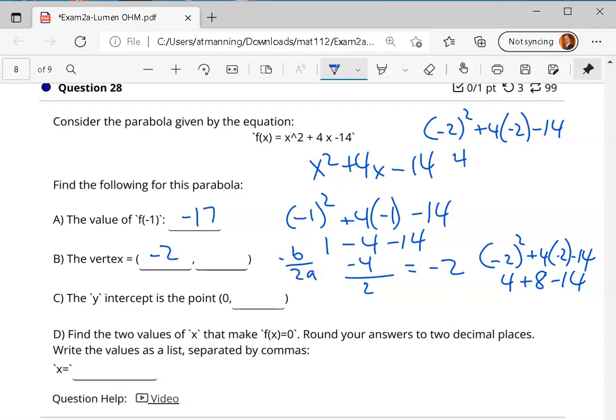That's 4 minus 8 minus 14. There we go. Right there, I messed up on my sign. 4 minus 22, or minus 18.